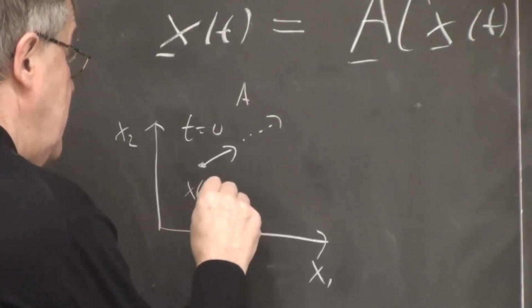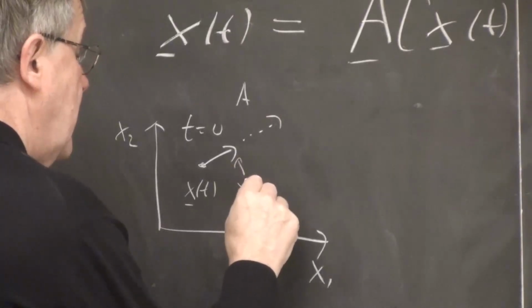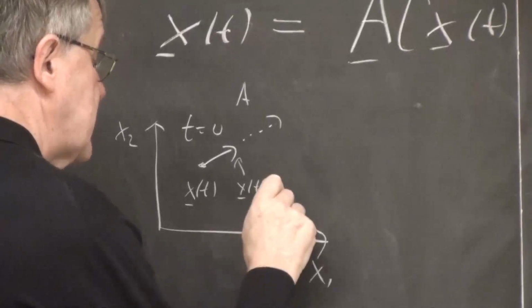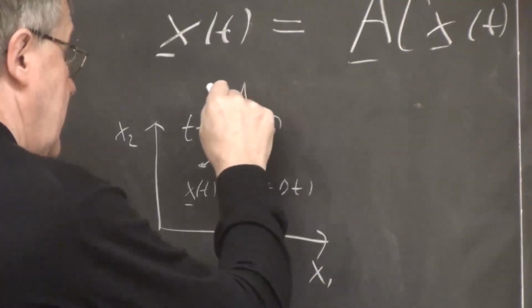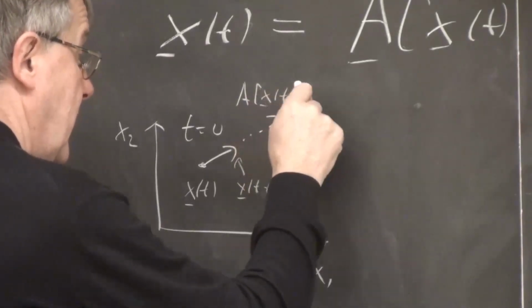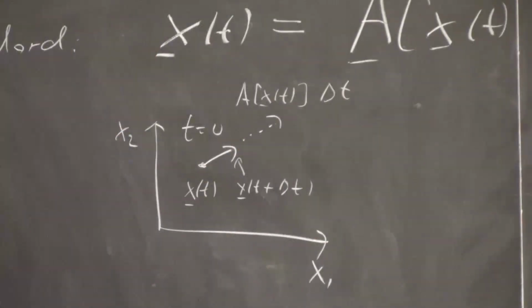So this would be x of t, and this here would be x of t plus delta t, and this one would be A of x of t times delta t. That would give you the displacement. So there's nothing special there, a very normal differential equation. It might be easy to solve, might be difficult to solve, but nothing surprising there.